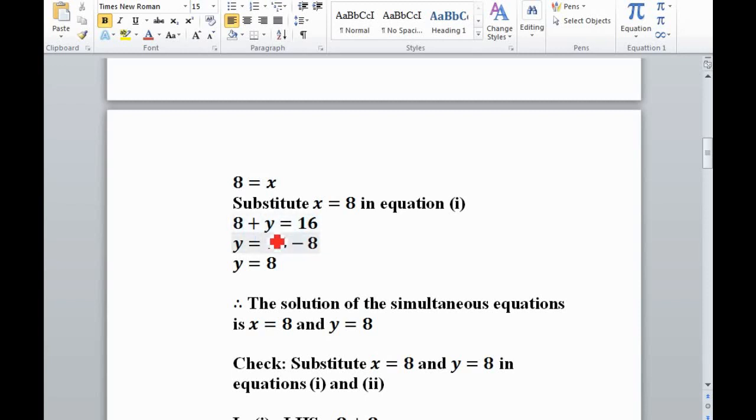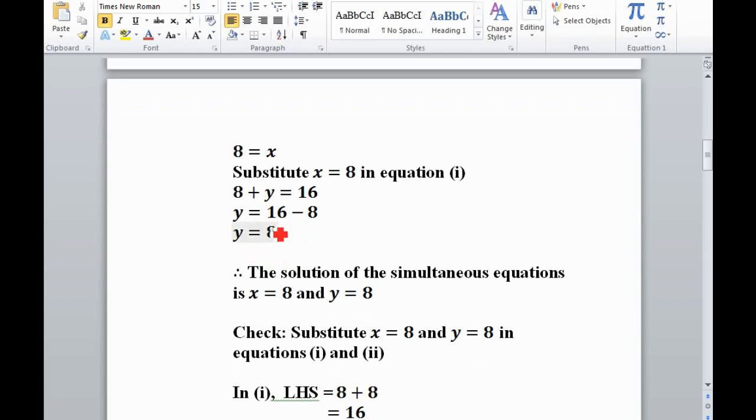To find the value of y, let's take this positive 8 from left to the right side. Then we have y equals 16 minus 8, and next we subtract 8 from 16, so y equals 8. Therefore, the solution of the simultaneous equations is x equals 8 and y equals 8.